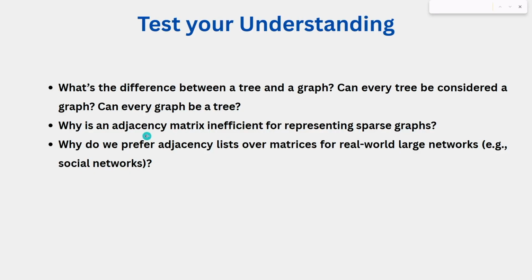And why do we prefer adjacency list over matrices for real world large networks? The reason is that for large networks maintaining a matrix would be highly inefficient, and so we go for adjacency list representation for real world purposes.